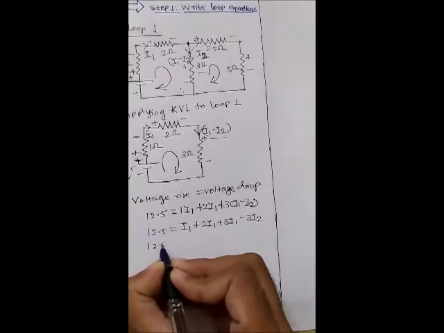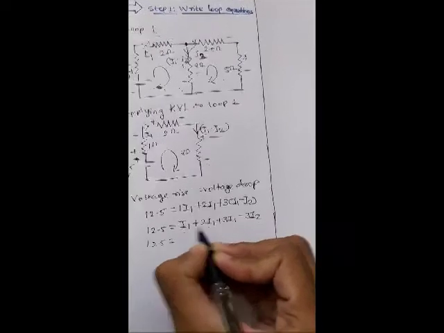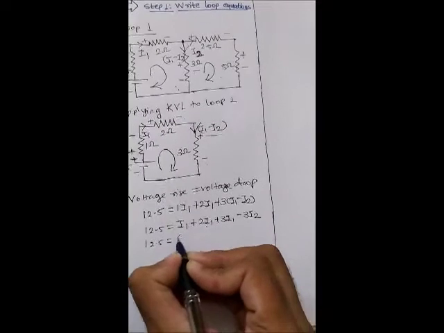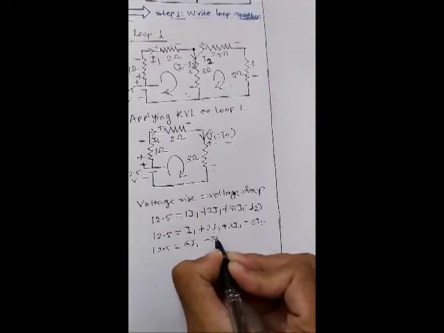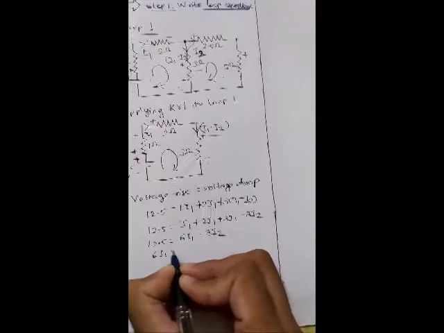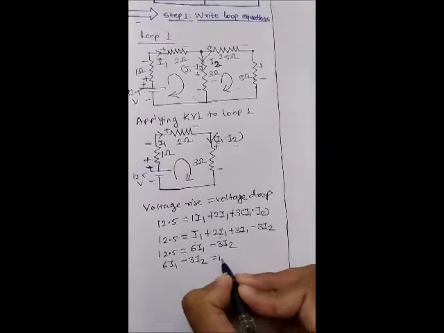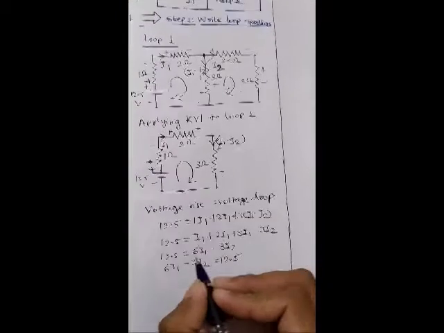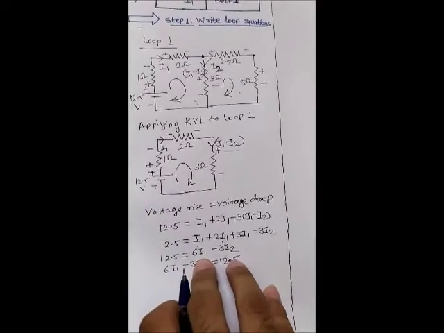So 12.5 is equal to I1 plus 2 I1 is 3 I1, plus 3 I1, 6 I1 minus 3 I2. So this equation is 6 I1 minus 3 I2 is equal to 12.5.